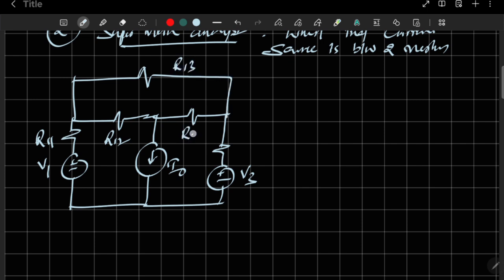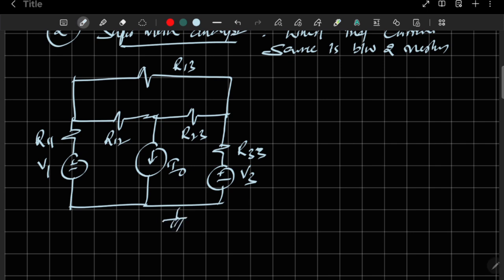This is R23, this is R33. The difference between the previous circuit and this circuit is that here we had the R22 resistor previously. Now that has been replaced with the independent current source I0. Now you check for the condition.